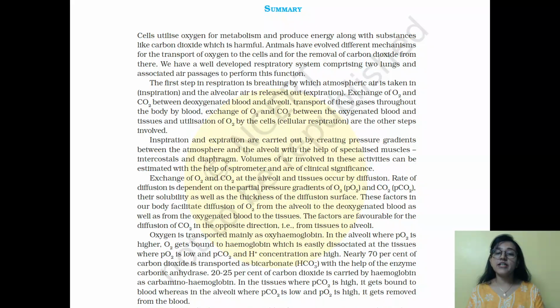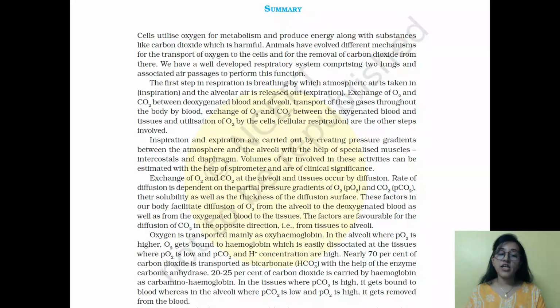We have a well-developed respiratory system comprising 2 lungs and associated air passages to perform this function. The first step in respiration is breathing, by which atmospheric air is taken in, that is inspiration, and the alveolar air is released out, that is expiration.